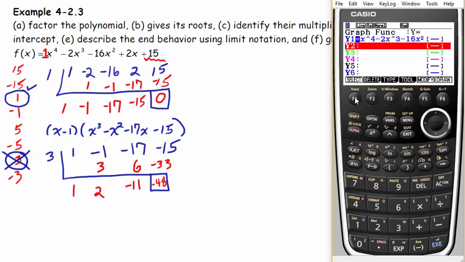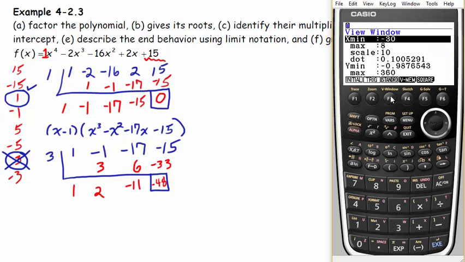Alright, now I need to pick a window. Now these roots could be anywhere from negative 15 to 15. So I might choose a viewing window initially of negative 16 to 16 and do a zoom auto.